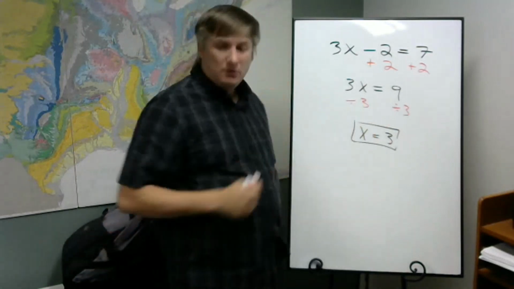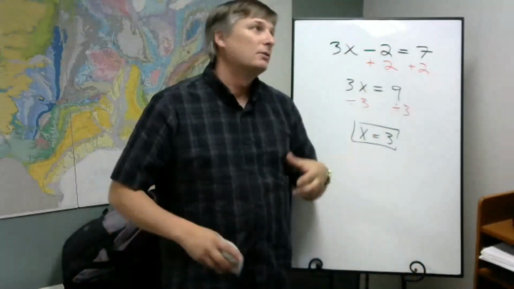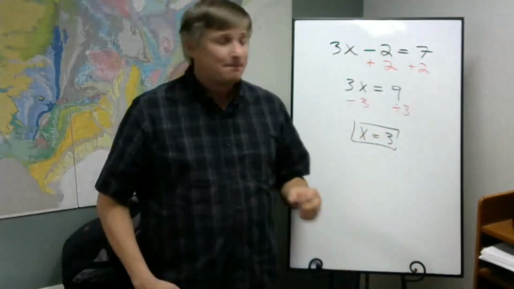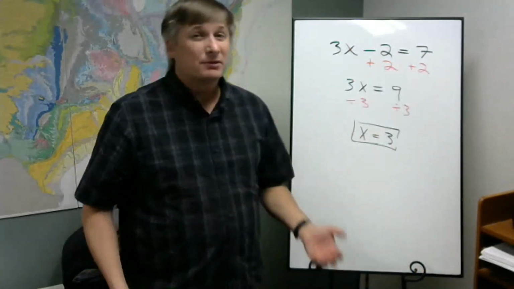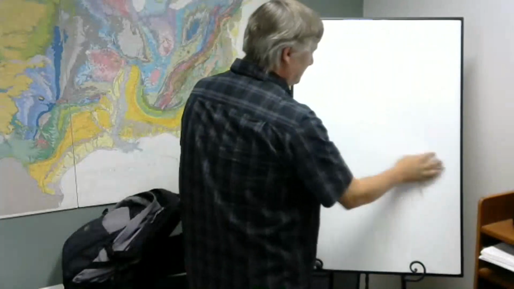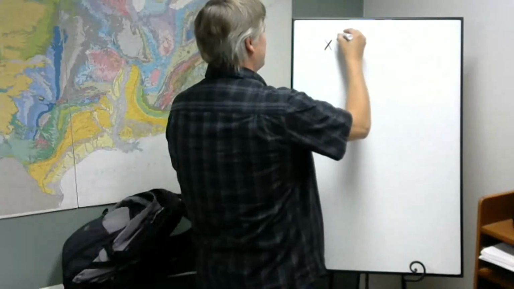Now, this is what we would do when we have what we call a linear equation. In other words, x doesn't have an exponent on it. Well, technically it does. It has the exponent of 1. But that's it. Polynomials are nonlinear. So we're looking at things like this. We want to solve for x for this kind of equation.